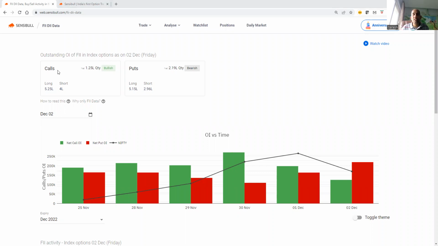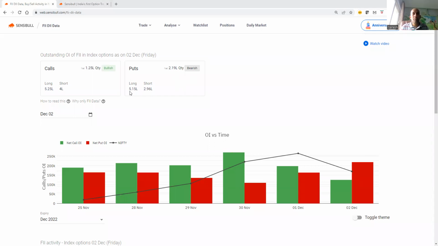FII data gives a different perspective, and open interest data is a different perspective. So this is long 5 and short 4 lakh. Net is 1.25 lakh calls bought, which means bullish. Number of puts this much, which means bearish.